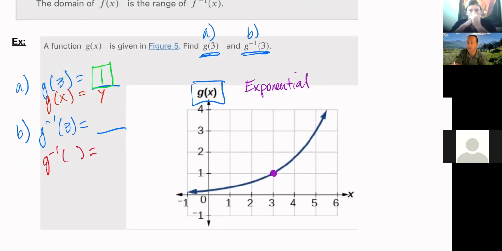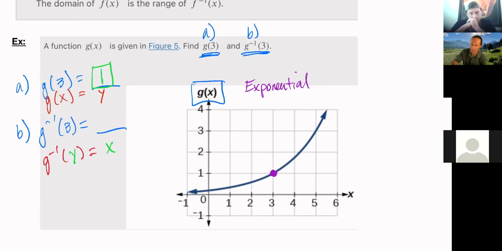What did I tell you to remember for inverse? Reverse. Which means, what should I be saying this is and this? Because of that right there. G of y equals x. Very good.